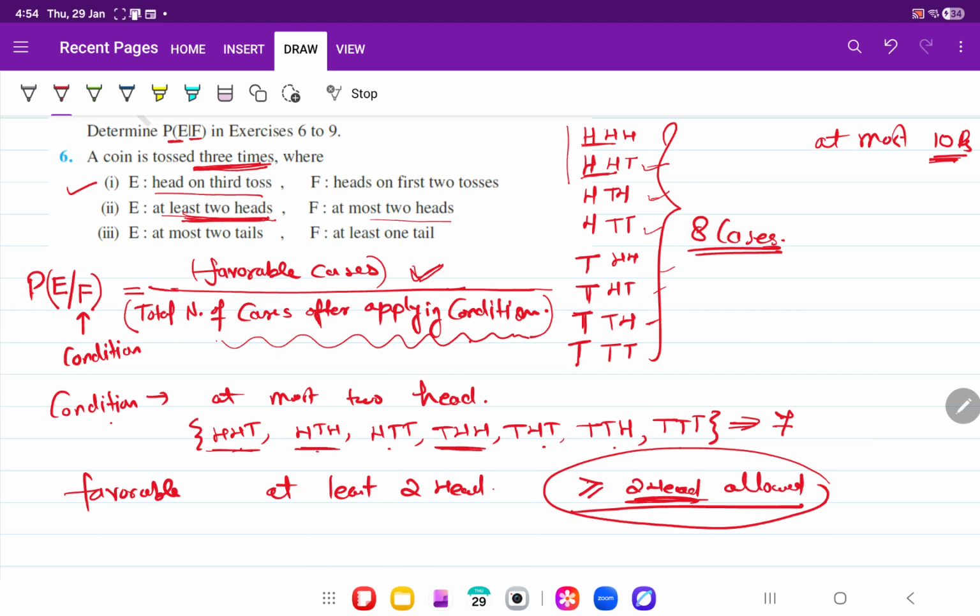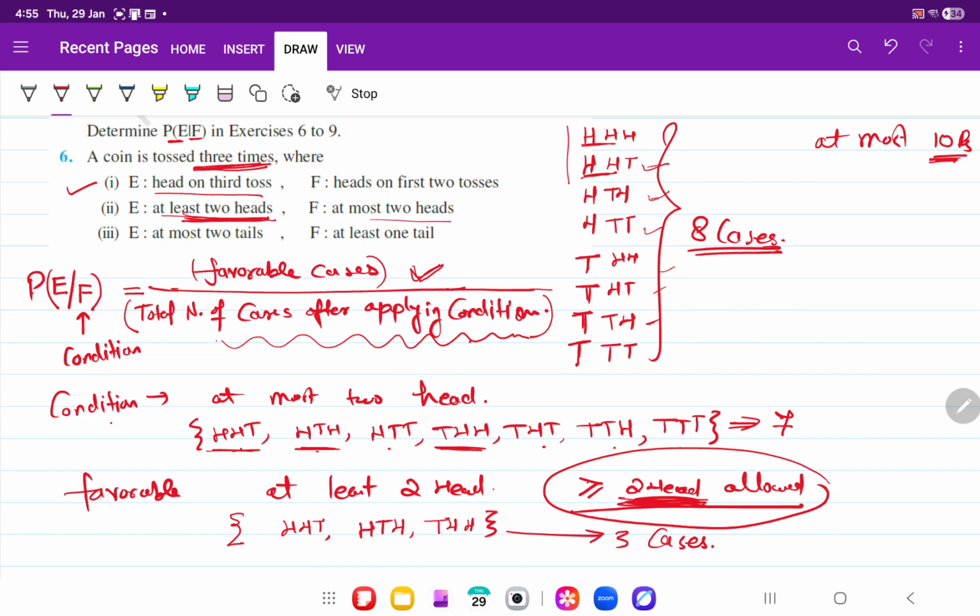Correct? So how many are favorable? HHT, right, only more than 2 or equal to 2 heads are allowed. So HHT or HTH or THH, these are the only favorable ones, which is 3 cases. So 3 cases are favorable in the second part.